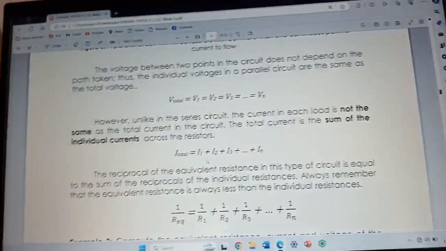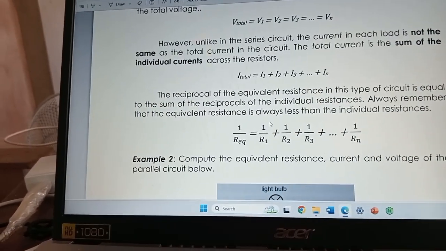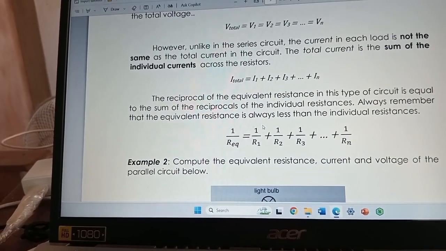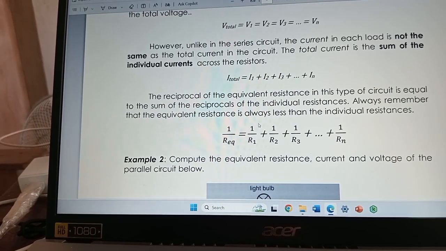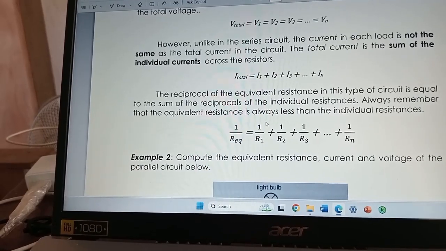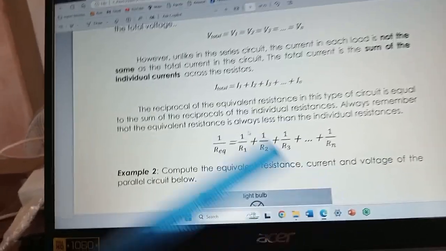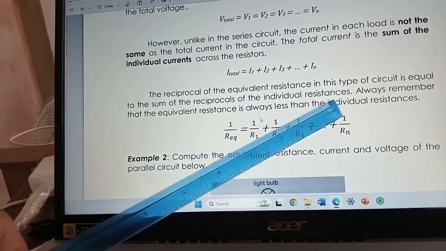In the next definition, the reciprocal of the equivalent resistance in this type of circuit is equal to the sum of the reciprocals of the individual resistances.